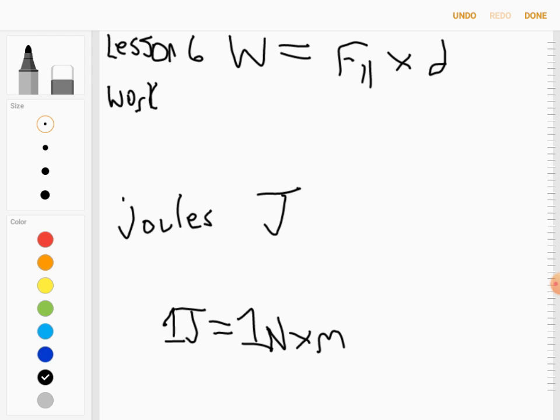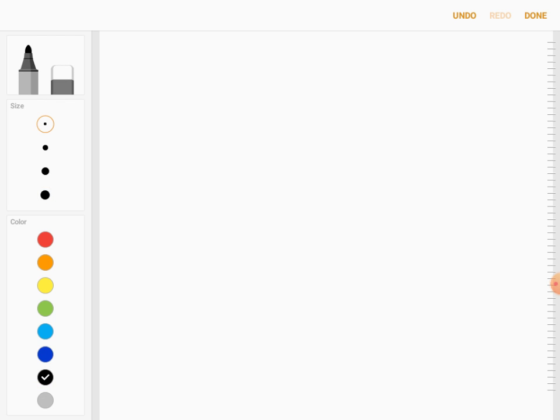An example could be the one they have on there, though I don't know if it'll be the same when you're looking at it. They say that a student lifts a 50-pound ball 4 feet into the air in 5 seconds.